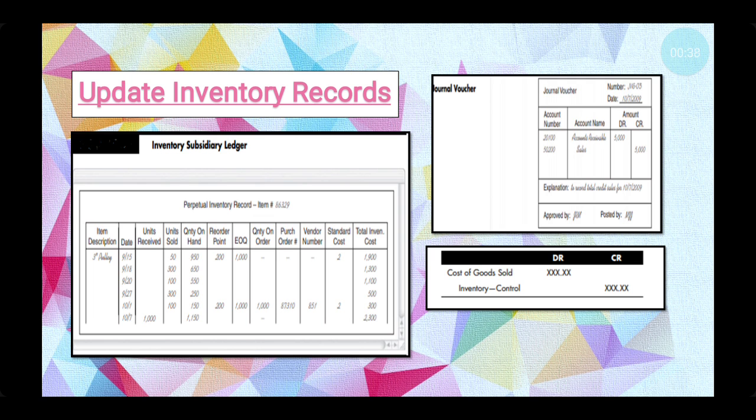Then after nun, every period, ito total lahat ng reduction sa inventory. Tapos, isa-summarize dito sa journal voucher. Then, ipopost siya sa general ledger, which is debit, cost of goods sold, then credit inventory control.